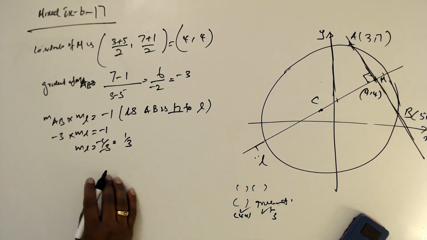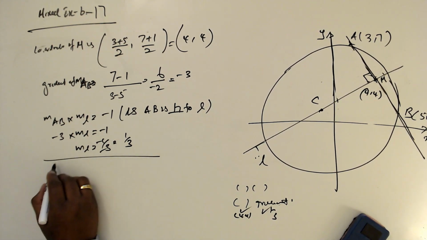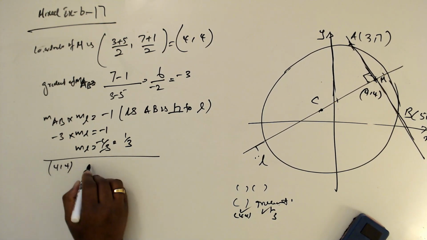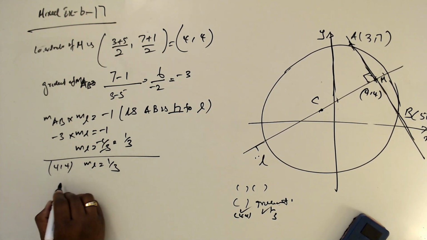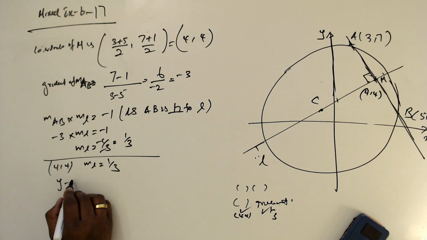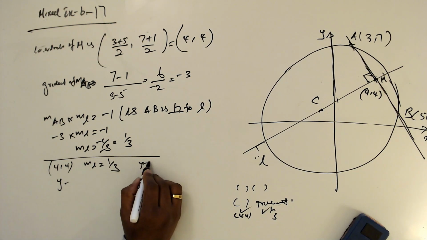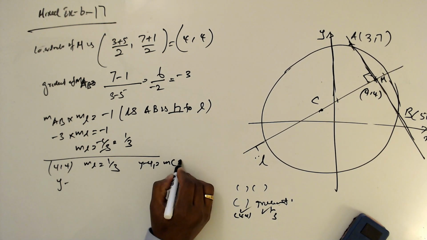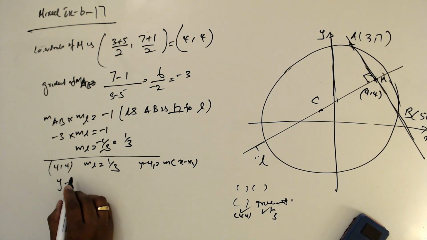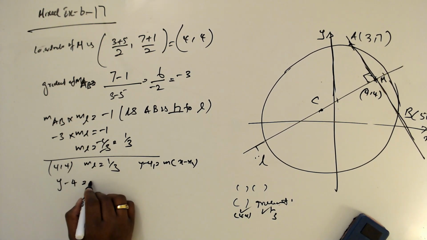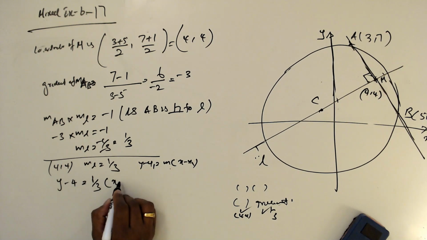Now I know the gradient is 1 over 3 and the midpoint is 4, 4. Now I can write the equation. So 4, 4 is the point. Gradient is 1 over 3. Then y minus y1 equal m times x minus x1.